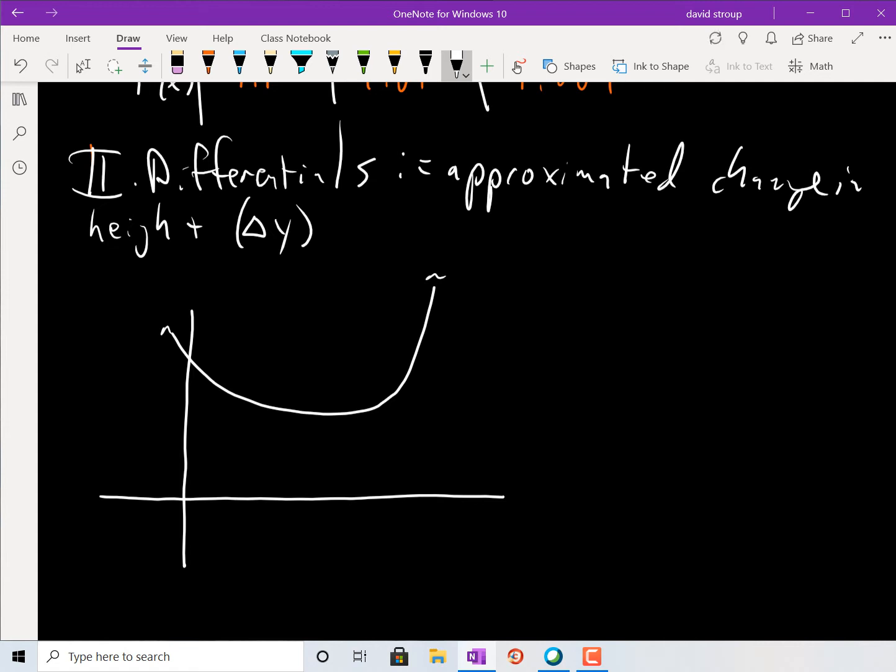What we want to do is compare the change in height of the tangent line to the change in height of the actual graph, going from some point C to some point C plus change in x.